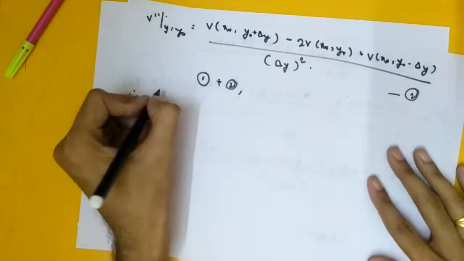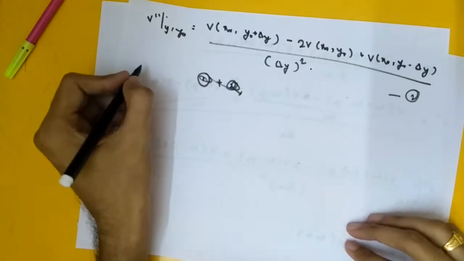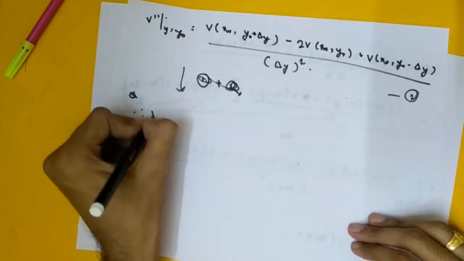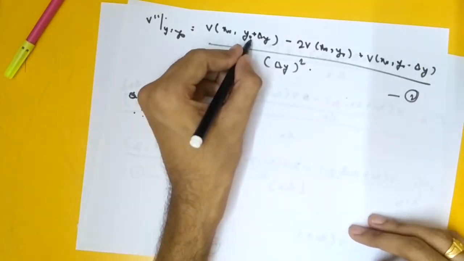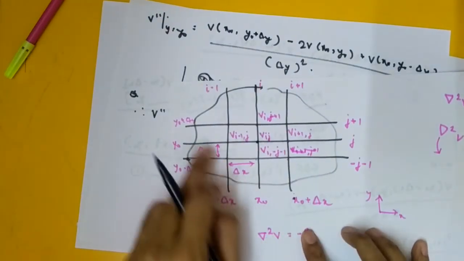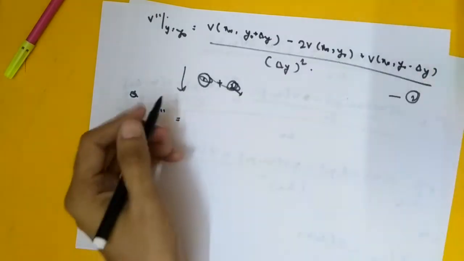So therefore what we will get, yeah, I forgot to write this in terms of what. So therefore v double prime equal to x naught comma y naught plus delta y. So x naught is this, y naught plus delta y is this. So v i comma j plus 1, right?